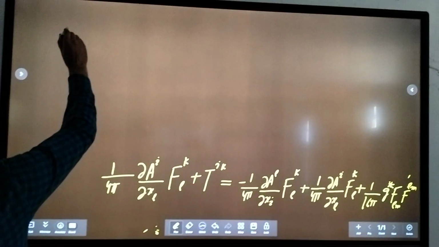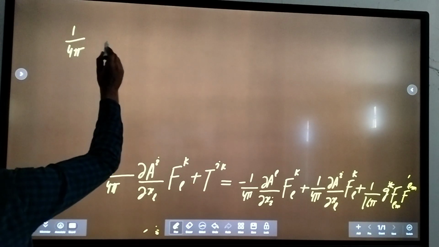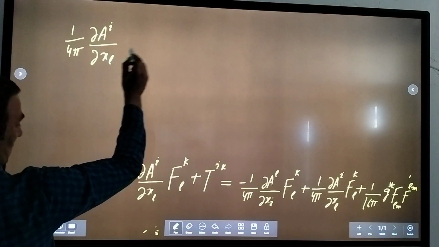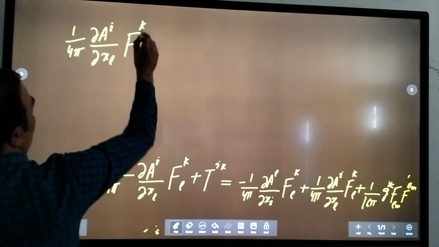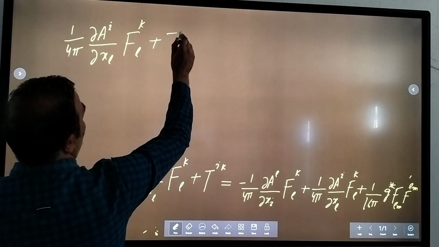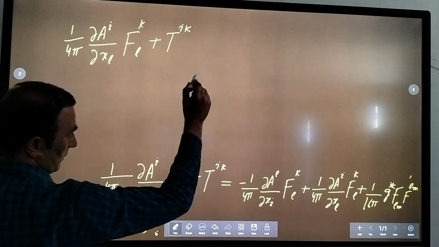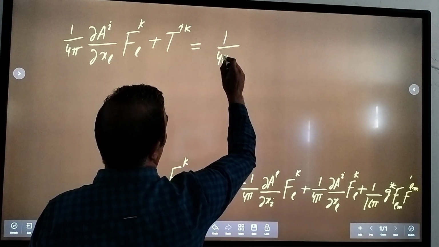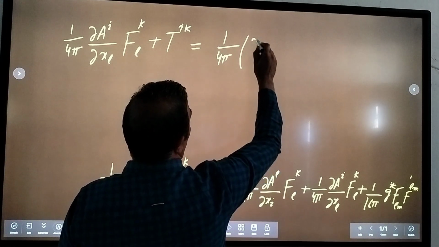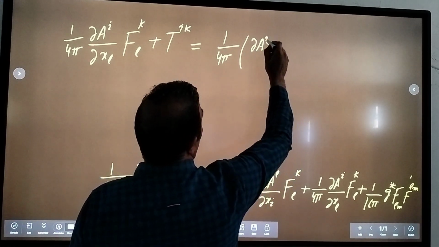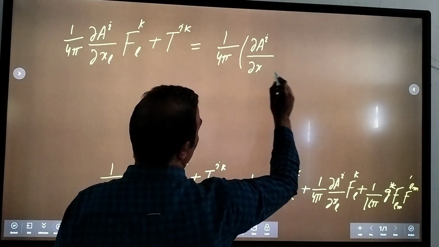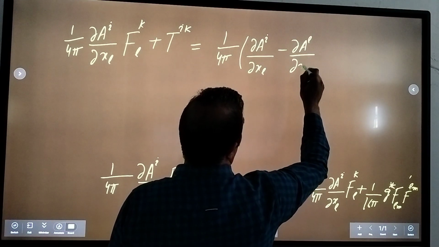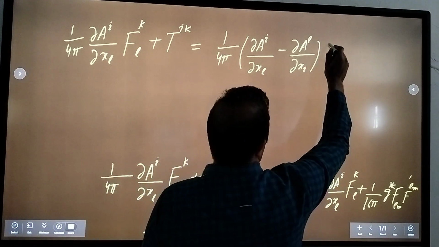This term will be 1 by 4 pi, so that's equal to, combining these two I can rewrite this as 1 by 4 pi, and both sides will be f of t.